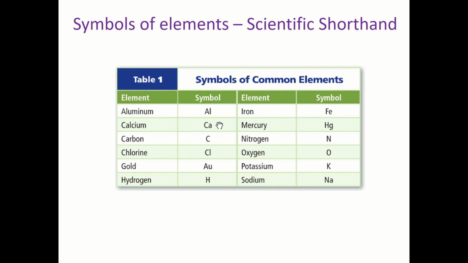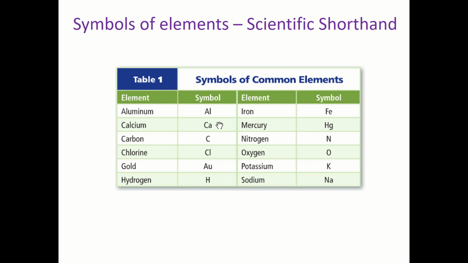Now, there's a very important thing you have to understand. If I tell you that I have capital C, capital O, and capital C, small o, what is the difference between them? The capital C, capital O is carbon monoxide. It's a compound. But the capital C, small o is the element cobalt.